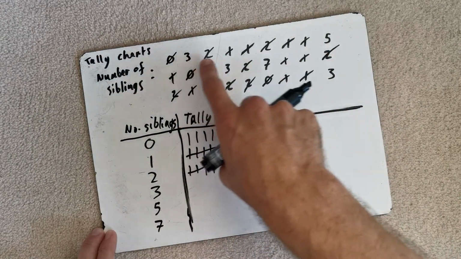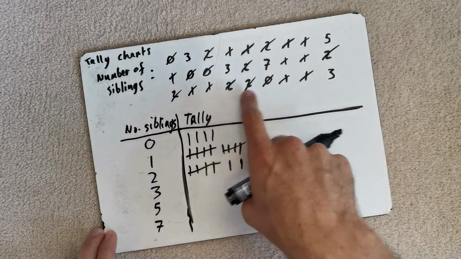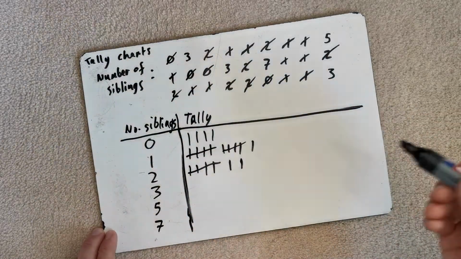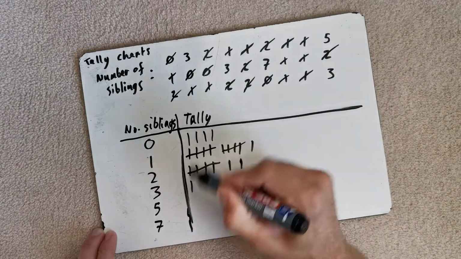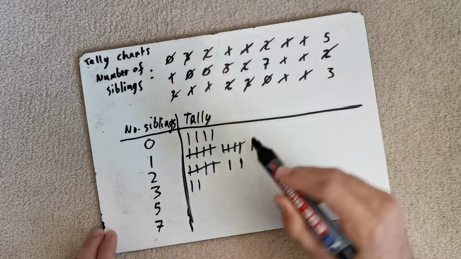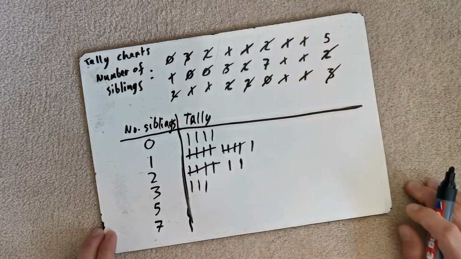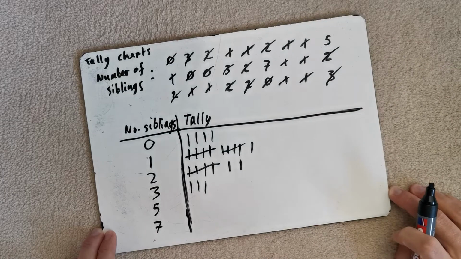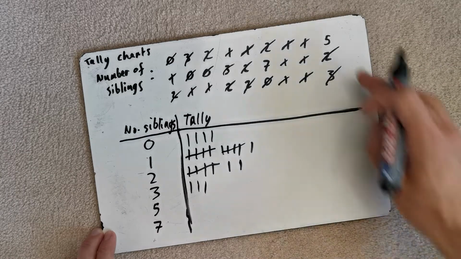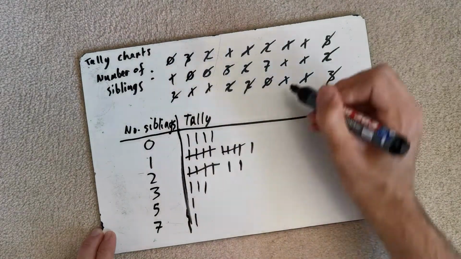Oh, I've lost myself. 1, 2, 3, 4, 5, 6, 7. There we go. 3s, let's count them. 1, 2, and 3. There's 3 of them with 3 siblings. Right, and what do we have else? We've got a single 5, and a single 7.